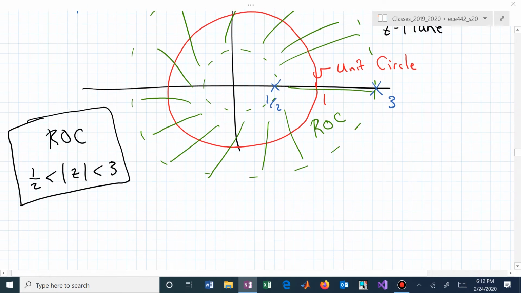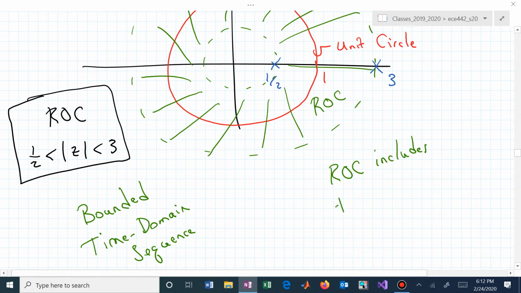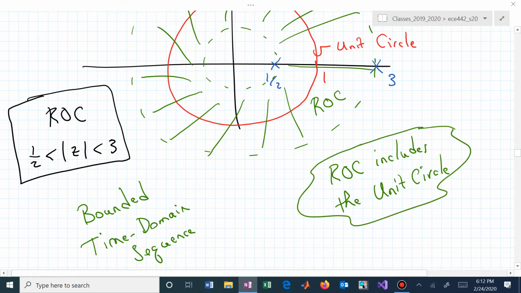We have a bounded time domain sequence because the region of convergence includes the unit circle.